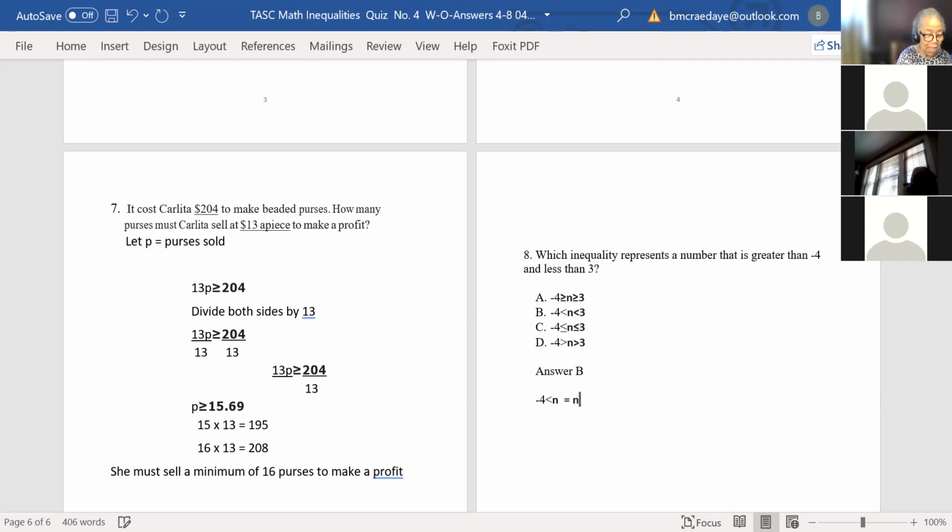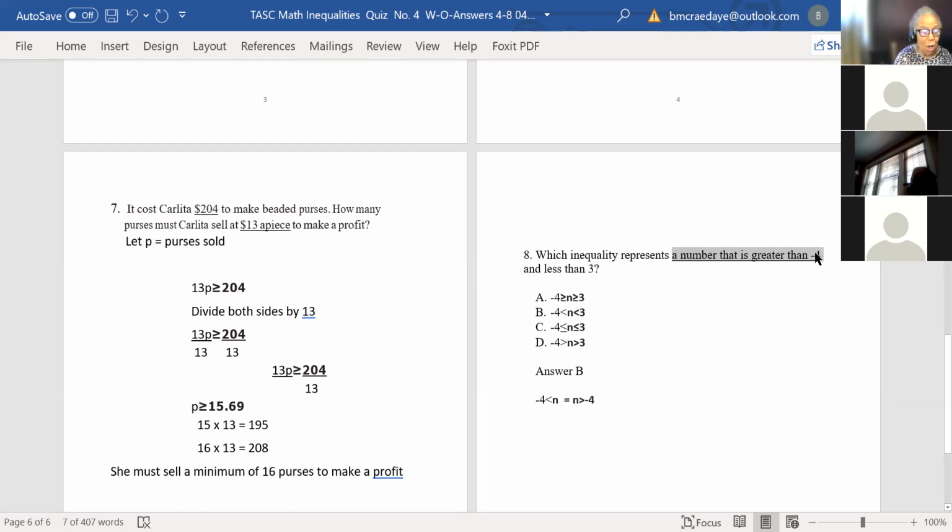So that would be n greater than -4. And that's what it says. -4 less than n means n is greater than -4, which is exactly what it says here. A number that is greater than -4. That's why it's B.